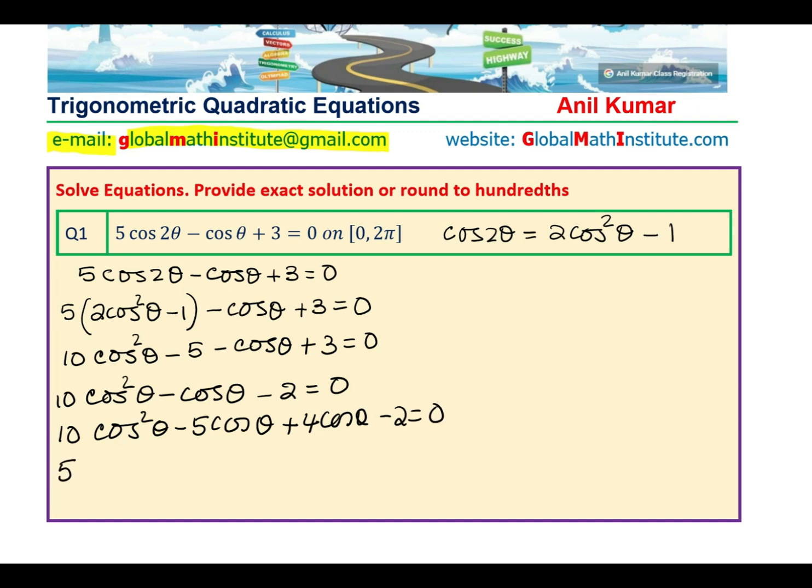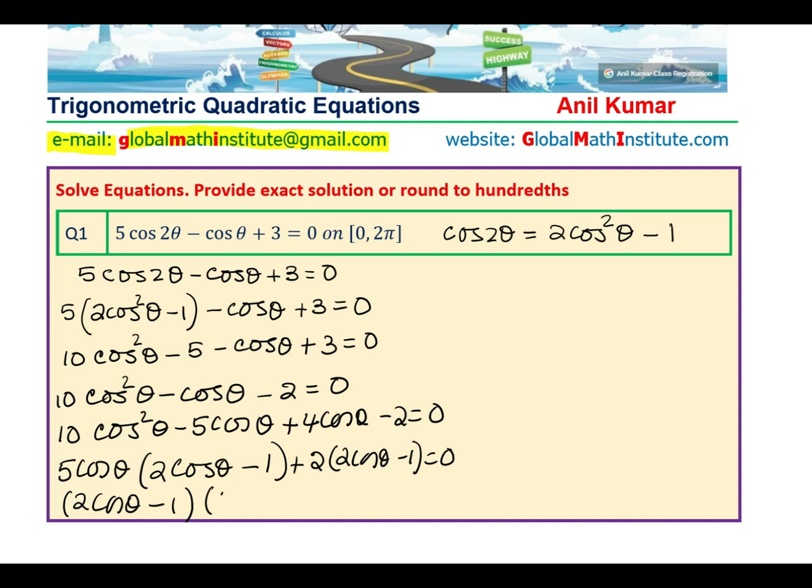Factor out 5 cos theta, and that gives you 2 cos theta minus 1 plus, we can factor out 2 from here, so we get 2 cos theta minus 1 equals 0. Now 2 cos theta minus 1 is common. So we get 5 cos theta plus 2. Correct. So this gives you 2 different factors which should be equal to 0 when multiplied.